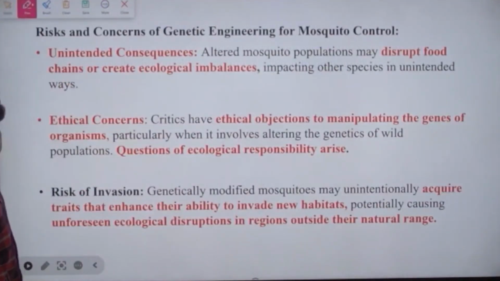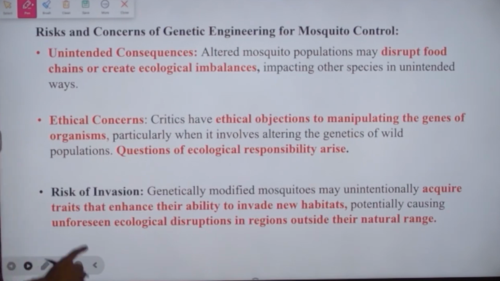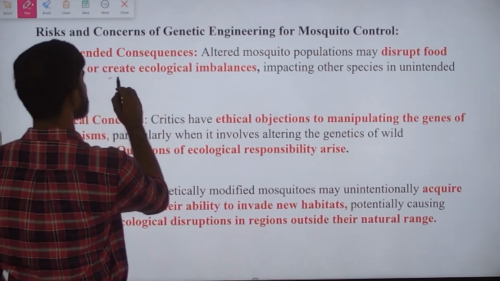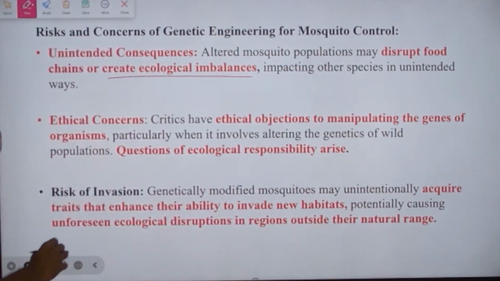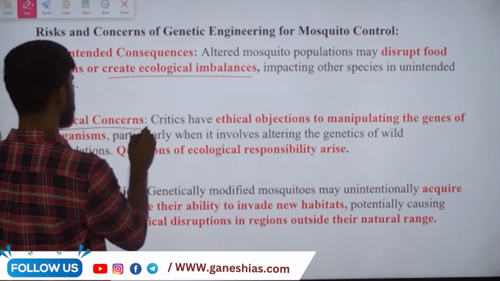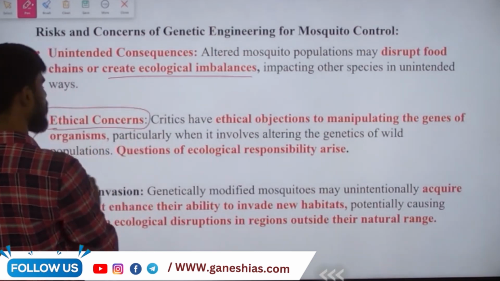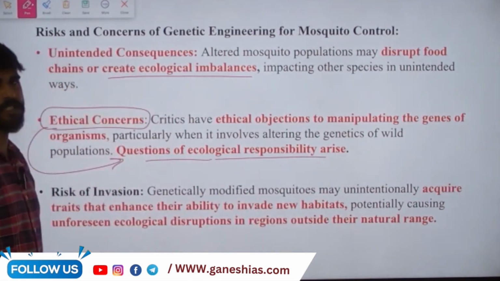Next, what are the risks and the concerns of genetic engineering for mosquito control? The main risk here is ecological imbalance. So altered mosquito populations may disrupt the food chain or create ecological imbalance. Everywhere, even when it comes to ethical concerns, it is again focusing on the question of ecological responsibility.